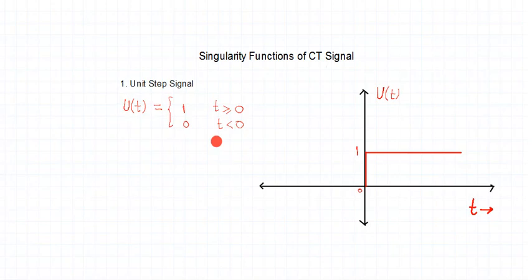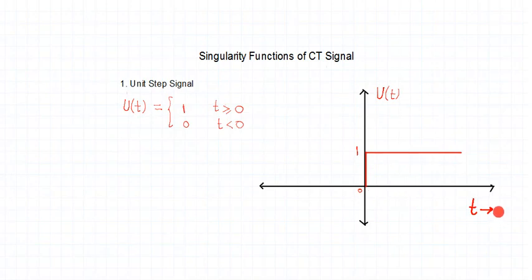So u(t) has a magnitude 1 for all the positive time period, t greater than 0 up to infinity, it remains 1, and it is 0 for all the negative time instants. So with this, if I plot the signal, it looks like this. So you could see here signal is taking the value plus 1 from the time instant 0 to infinity.